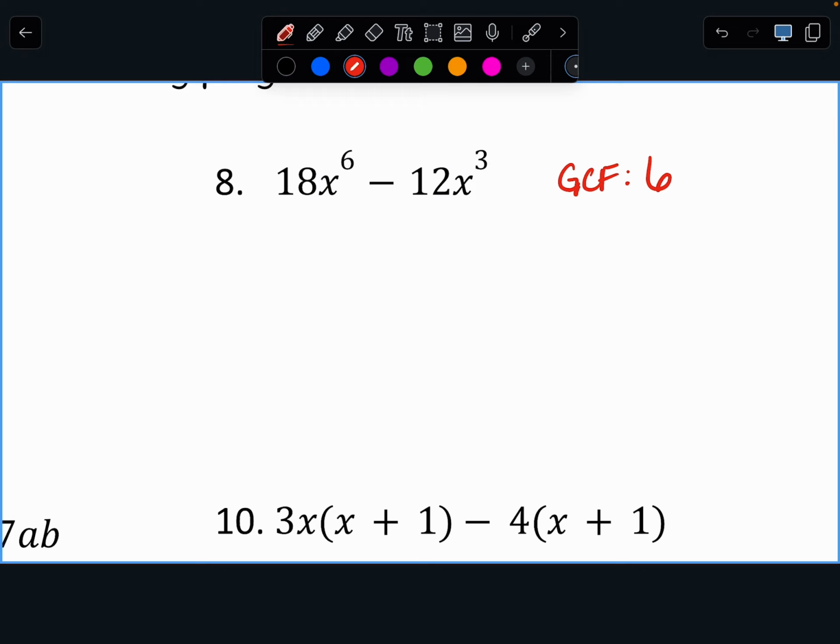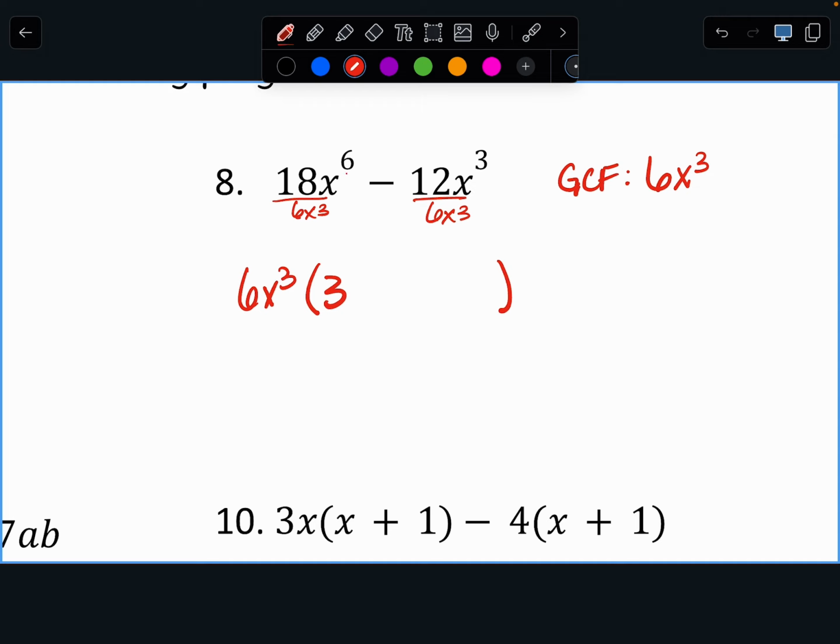So I need x to the third. Again, we write 6x cubed outside, next to parentheses. And then when I divide by 6x cubed, what's 18 divided by 6? 3.